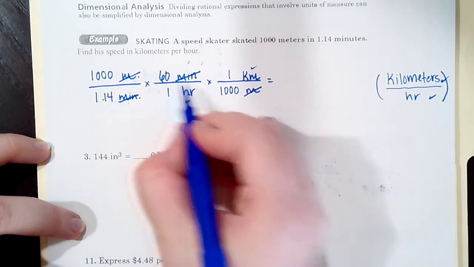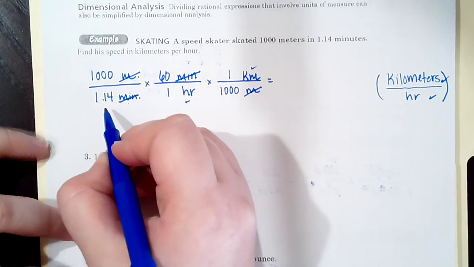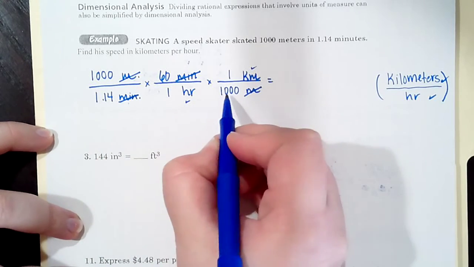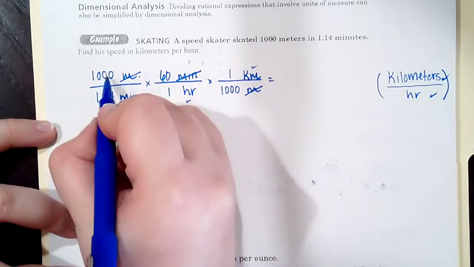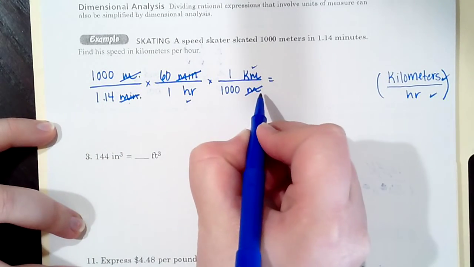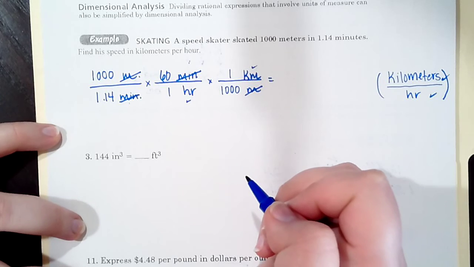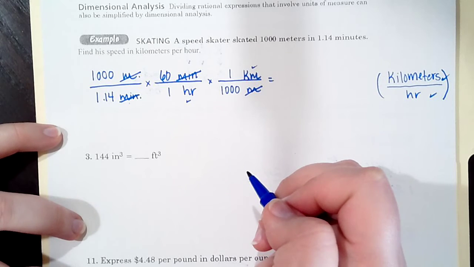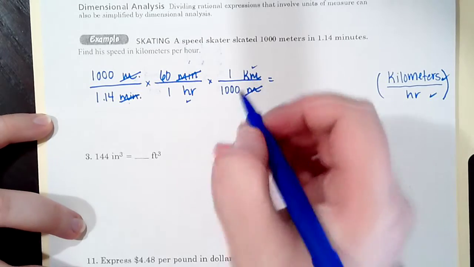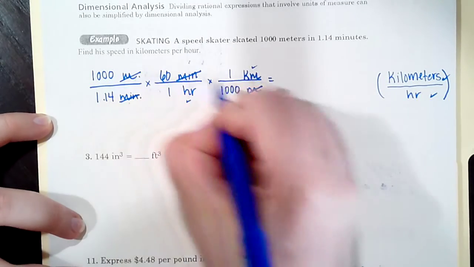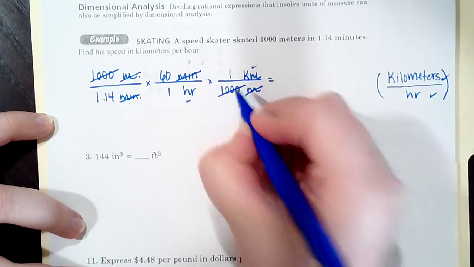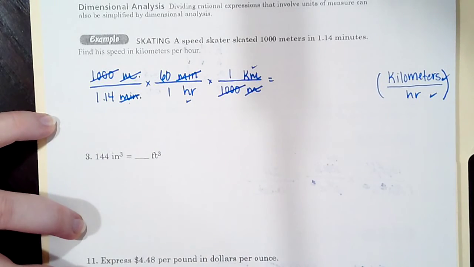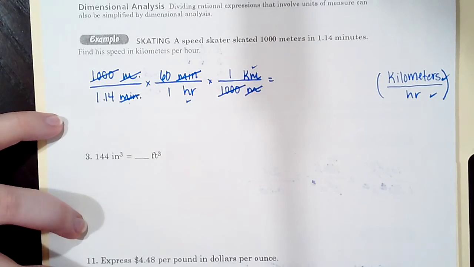I forgot this 1.14 over here. Whoopsies. I can either multiply across first, or I can cancel to make things easier on myself. So for example, 1,000 divided by 1,000 is just 1. So those cross-reduce, making my multiplication quite a bit easier.